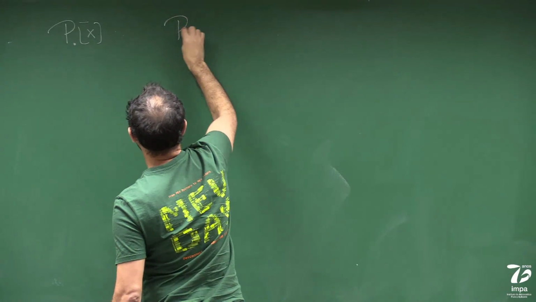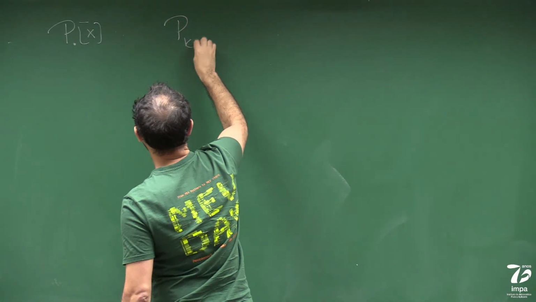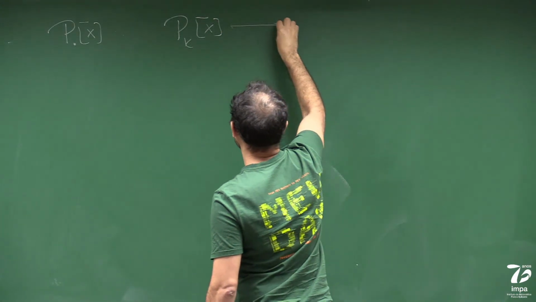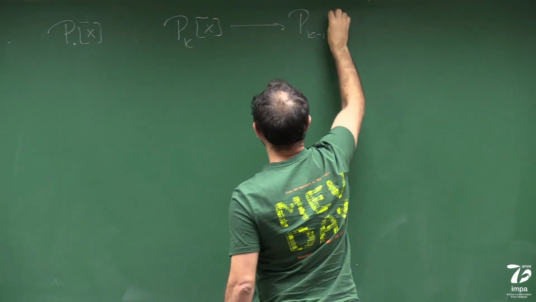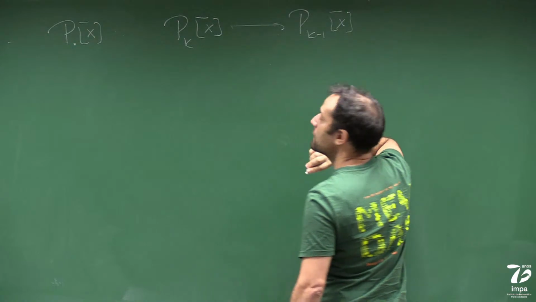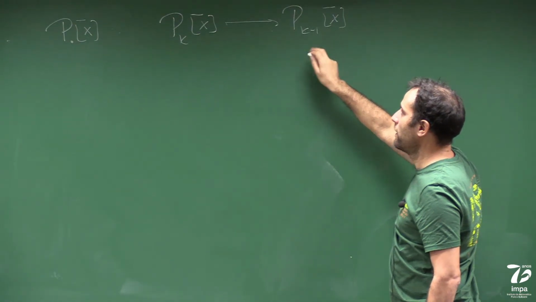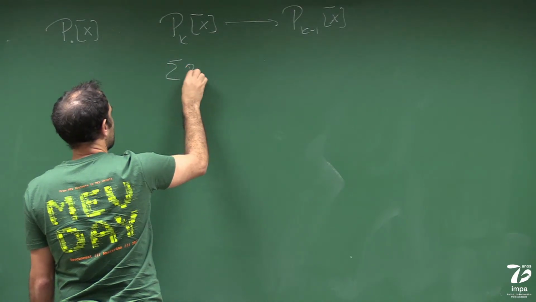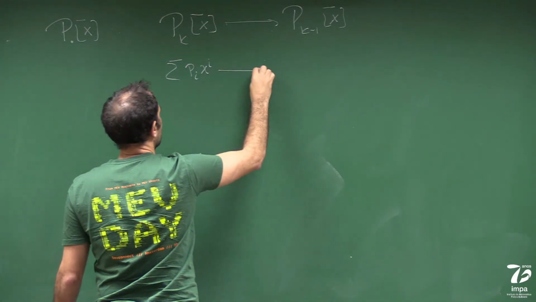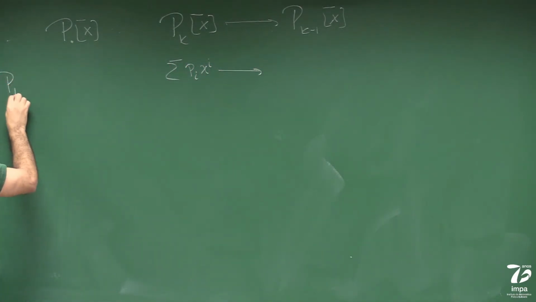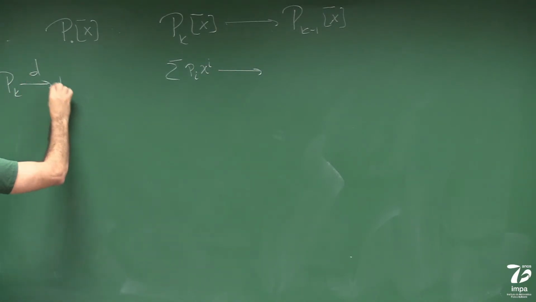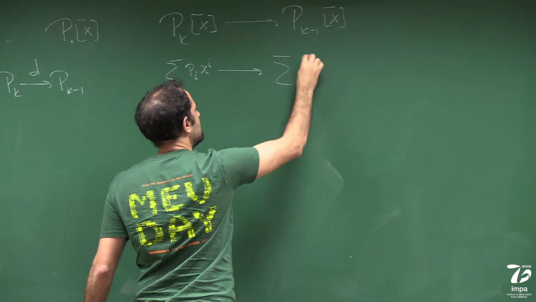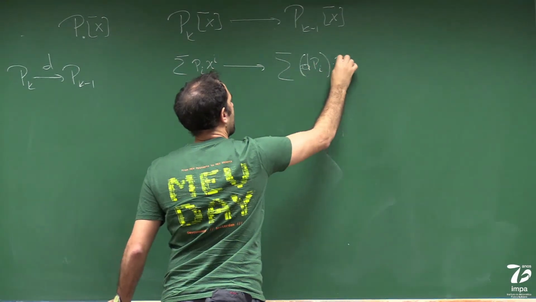It is the complex given by Pk[x], so polynomials in x with coefficients in Pk, mapping to Pk-1[x], polynomials with coefficients in Pk-1, where if you have a polynomial of the form the sum of pi x^i, and here your differential was like this, then you just send it to the sum of d of pi x^i.